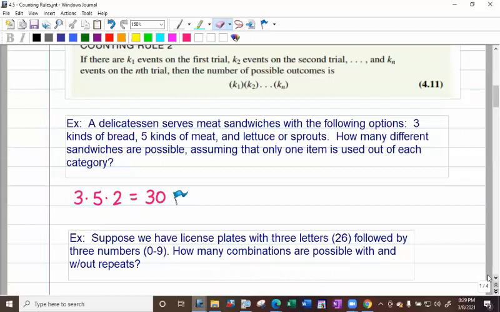So just watch for that. So then how many different sandwiches, assuming you can only take 1 item from each one? So that would just be 3 times 5 times 2, 30 possible sandwiches. Isn't that exciting?